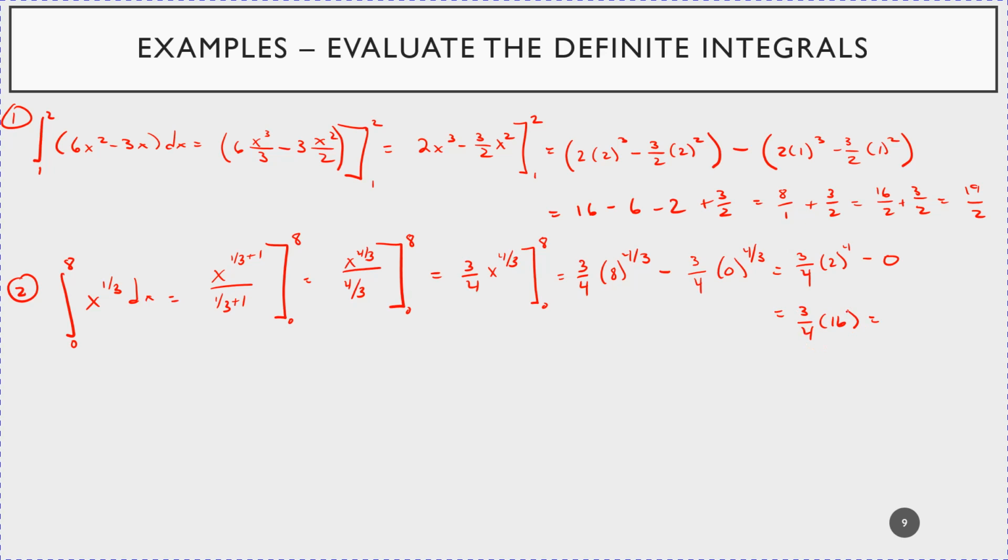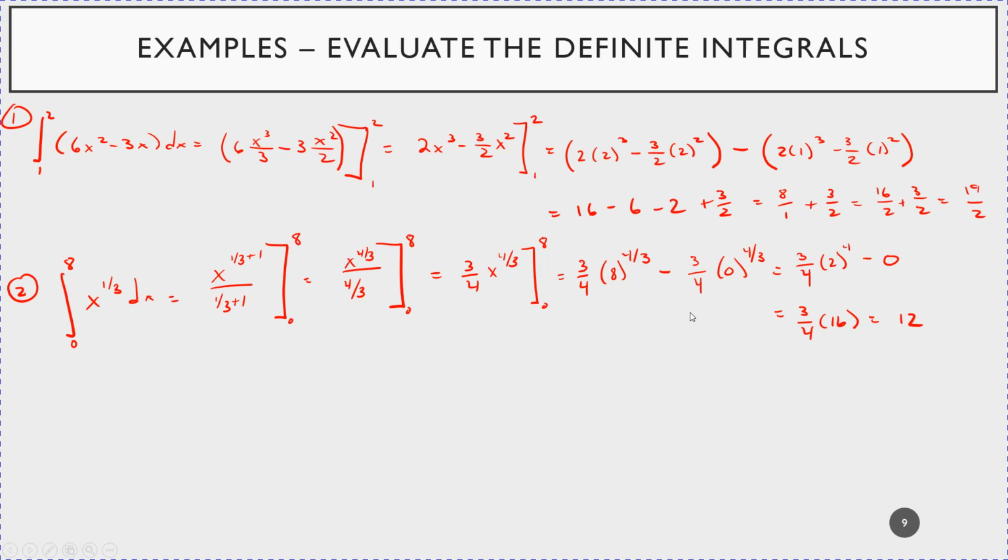Then 4 goes into the 16 four times, times 3. This just gets you to 12. Right there. So once you get here, it stops being calculus. You do apply the fundamental theorem to solve this, but then it's just a lot of arithmetic you have to work through.